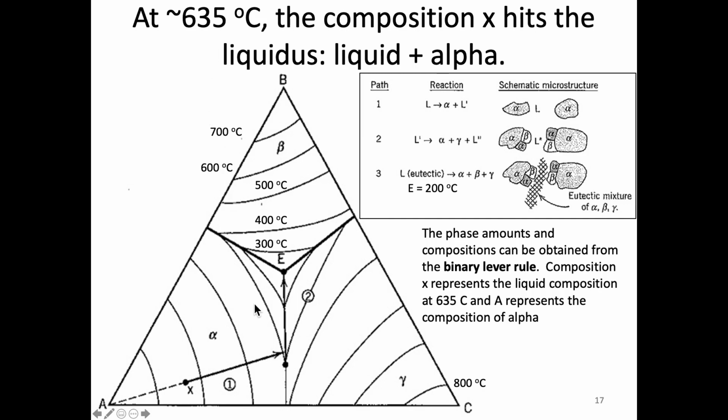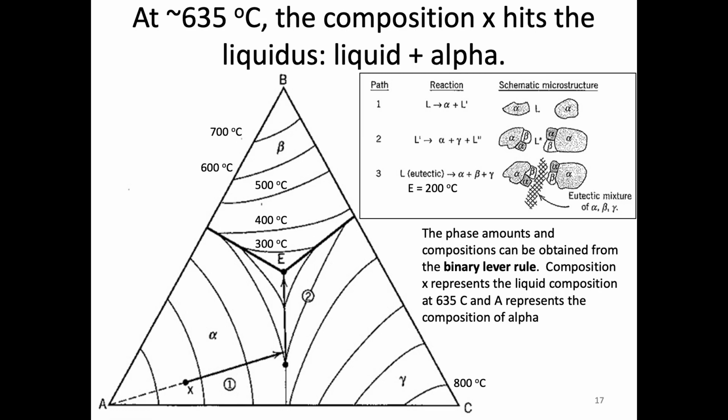My first reaction, shown here on path 1, is that the initial liquid transforms into the solid alpha plus a liquid, which I call L prime because the liquid is of a different composition. So I'm in a two-phase field, liquid plus alpha.